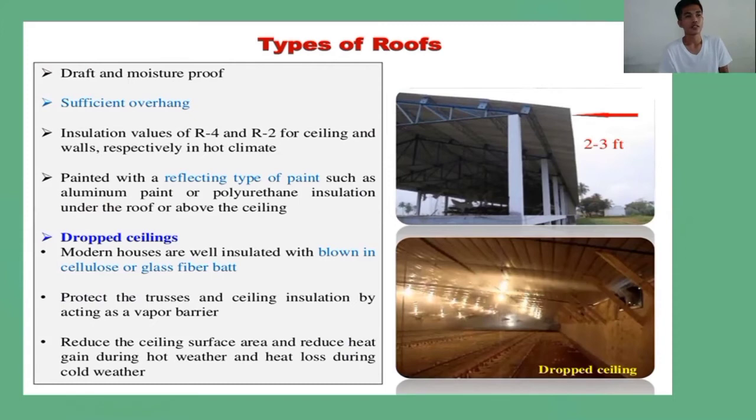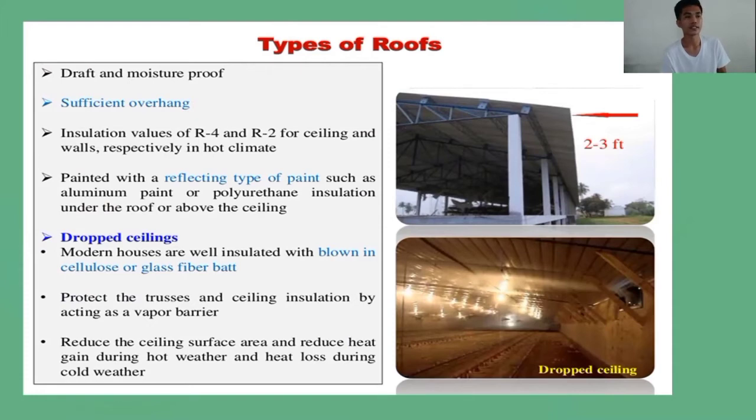Types of roofs. Draft and moisture proof, with sufficient overhang. Insulation values of R4 and R2 for ceiling and walls, respectively, in hot climate. Painted with a reflecting type of paint such as aluminum paint, or polyurethane insulation under the roof or above the ceiling.